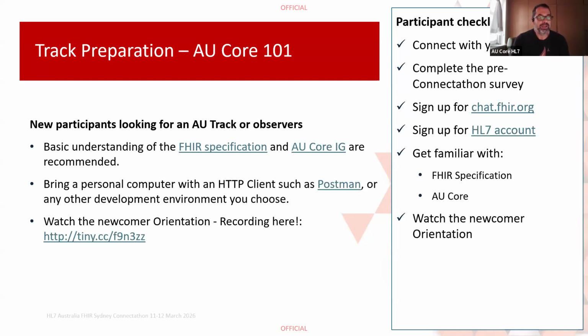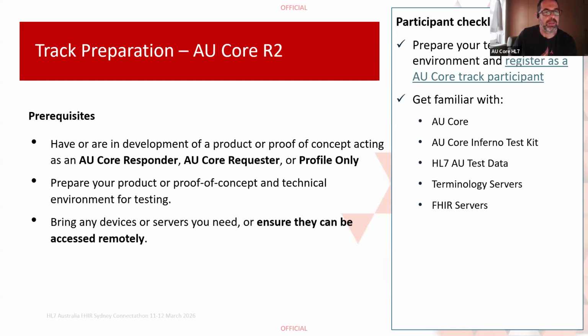So something like a client such as Postman that lets you interact with a server, or some other development environment that you can certainly test things out with. That is ideal, and that's what we expect you to come prepared and ready to do. And there is a newcomer orientation recording there, so that might be a good thing to get across for getting started.